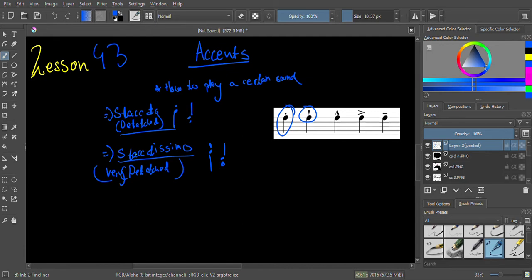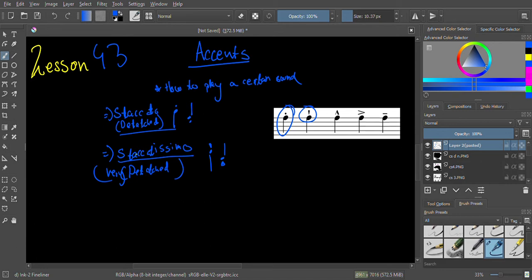So staccatissimo is like this. It's very difficult for me, I'm not a pianist, but staccatissimo would be like this. If I'm playing some music, that's probably staccatissimo. That's also probably staccatissimo.